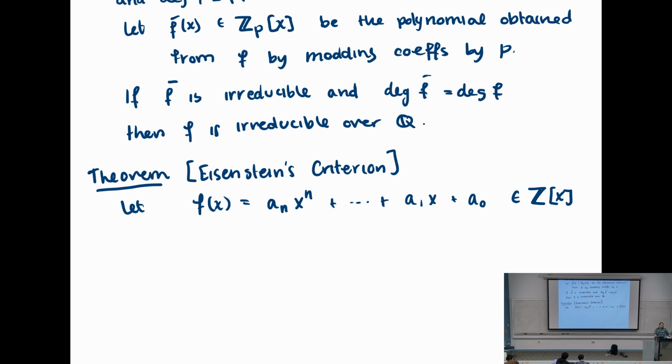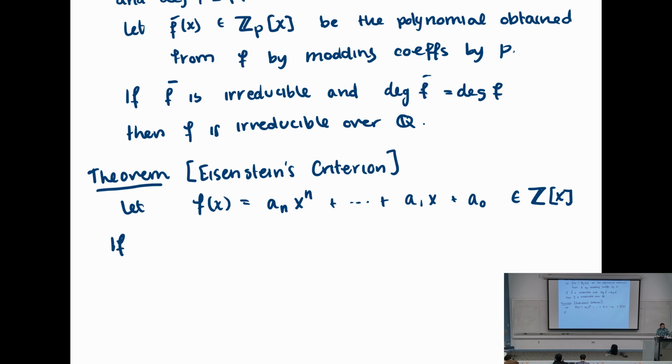By the way, both of these say something about irreducibility over the rationals, but if you had a polynomial with rational coefficients, you could always just multiply by the least common multiple of the denominators of the coefficients, and that would give you a polynomial with integer coefficients. So these tests will work for any rational polynomial. Okay, so this is our f.